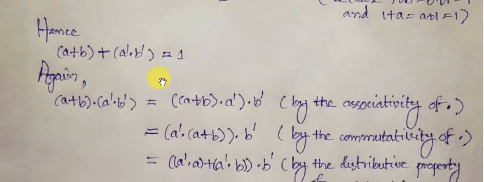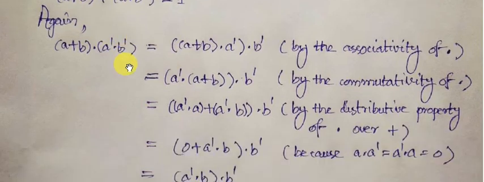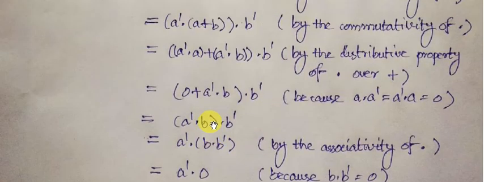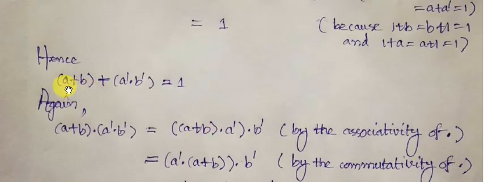And if you multiply the element by its complement element, the resulting value is equal to the additive identity element 0. So (a + b) into a complement into b complement is equal to 0, and we have also shown that (a + b) plus a complement into b complement is equal to the multiplicative identity element 1.